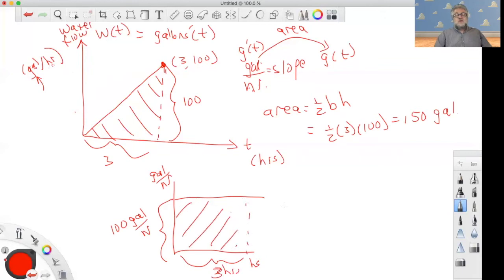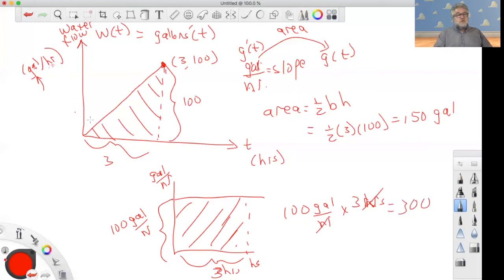If it's just a constant rate, like a fire hose with water coming out at a constant rate, then the area under the curve would be 100 gallons per hour times 3 hours. Those would cancel and we'd get 300.